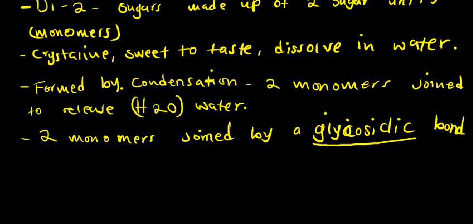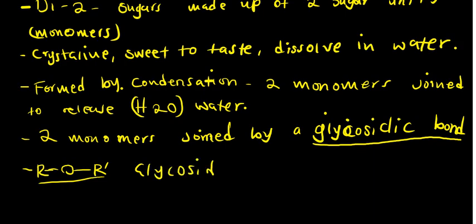A glycosidic bond is just a bond that has an oxygen atom in between, like this. You can have a monomer here represented by R and another monomer 2 represented by this. This is what we call a glycosidic bond.